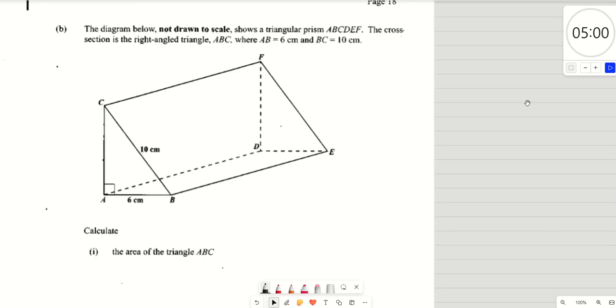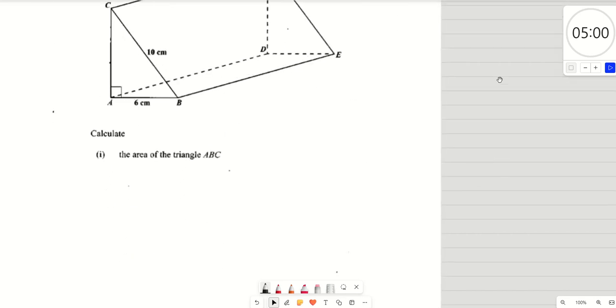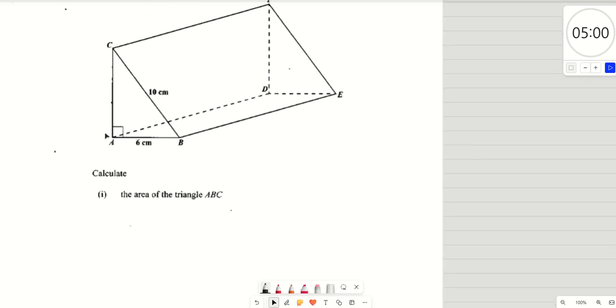Part B now, let's look at this. The diagram below, not drawn to scale, shows a triangular prism ABCDEF. The cross section is right angle triangle ABC, where AB is 6, BC is 10. So immediately you need to find out the height, this AC.